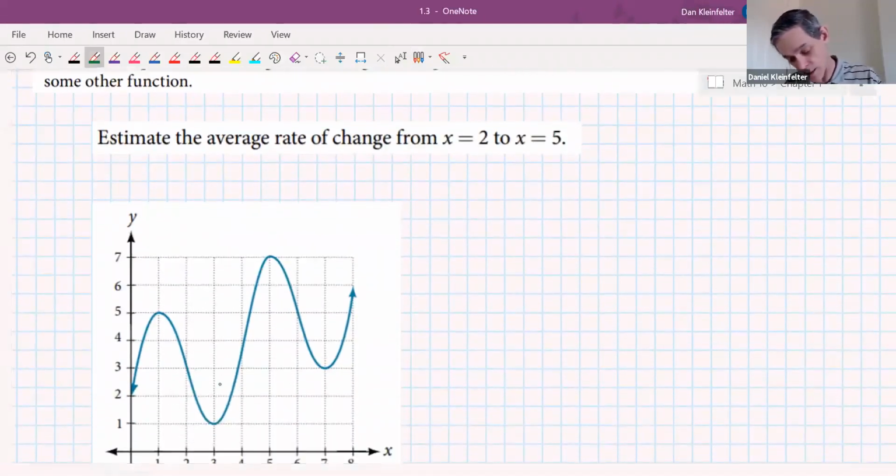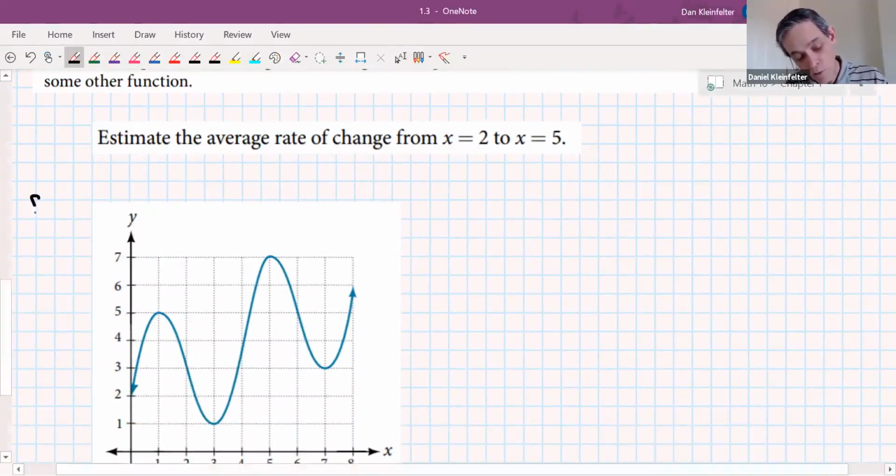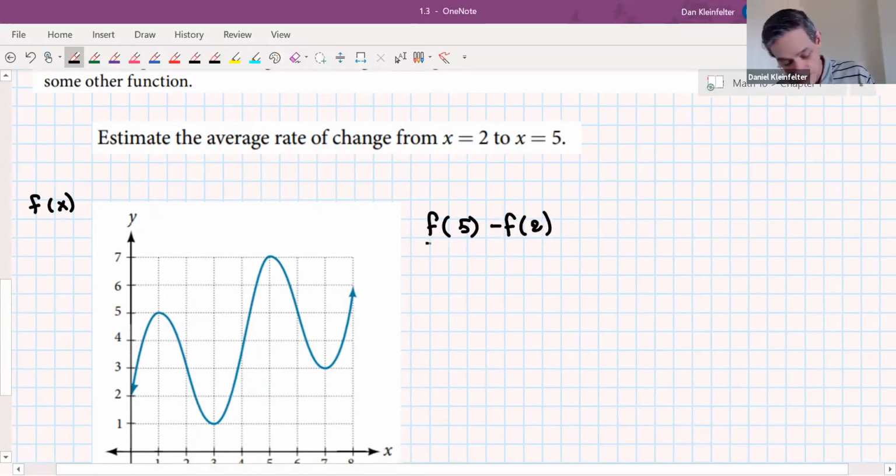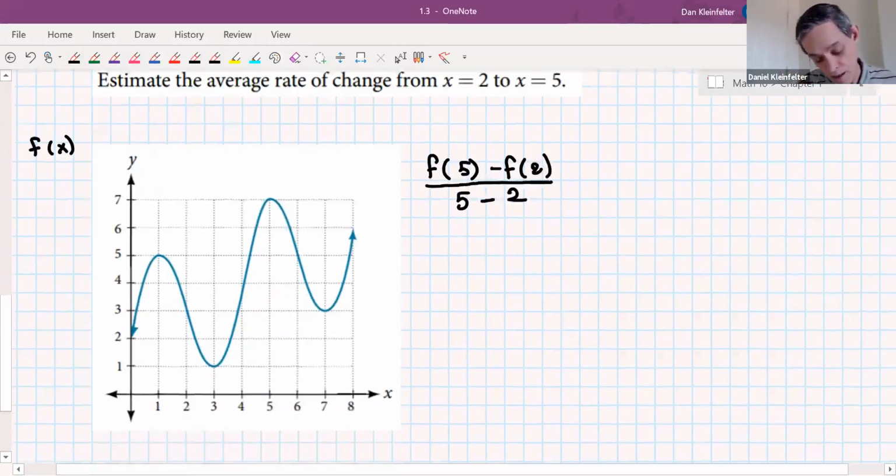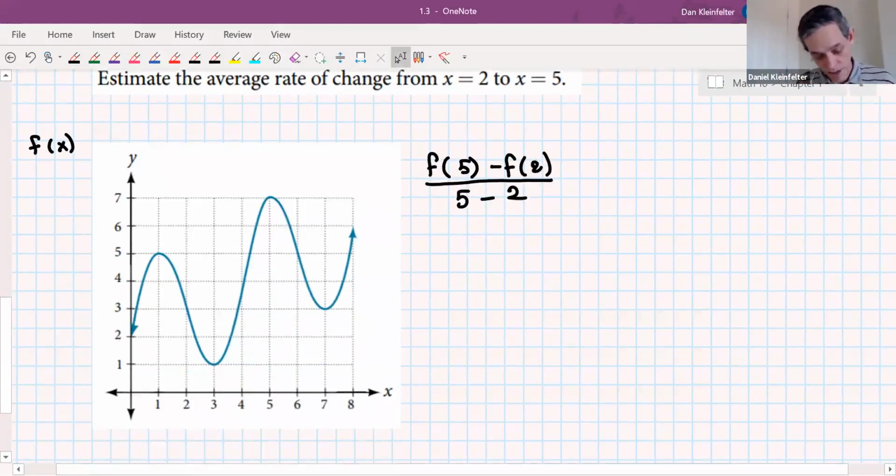Okay, so let's try it with this function. We have this function, let's just call it f of x here, and we want to figure out the rate of change from x equal 2 to x equal 5. So we'll have f of 5 minus f of 2, and that will be divided by 5 minus 2. So let me locate those 2 points on the graph. We have an input value of 2 and an input value of 5.